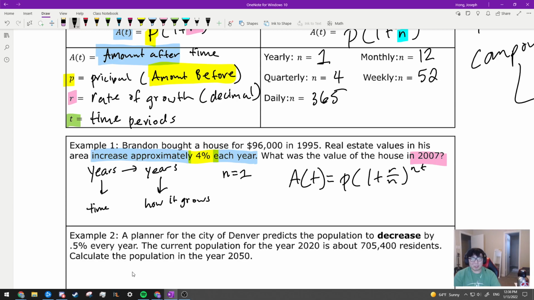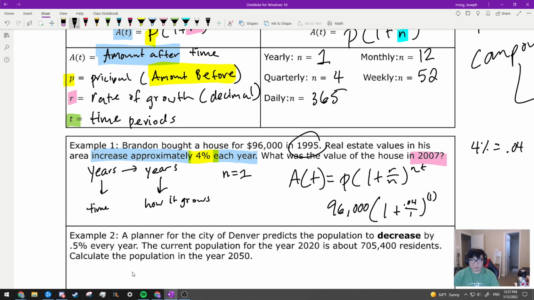Well, if n is equal to 1, and they're asking us what his value of the house would be after this time, because he put in $96,000 before at 1995. So 1 plus, well, he says it's 4%. So 4% is the same as 0.04. So 0.04 divided by 1, to the power of 1 times t, which is 1.